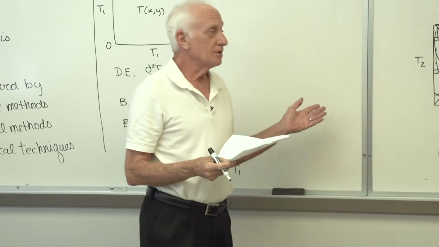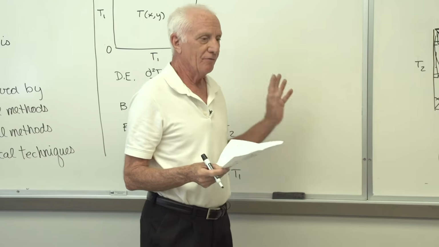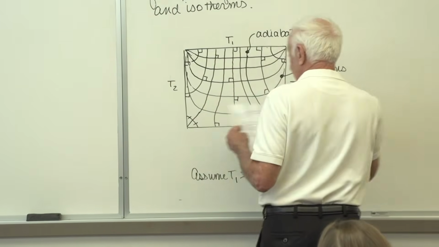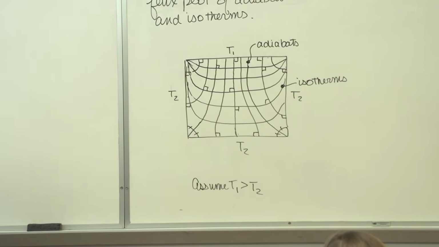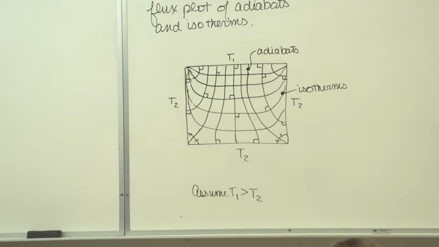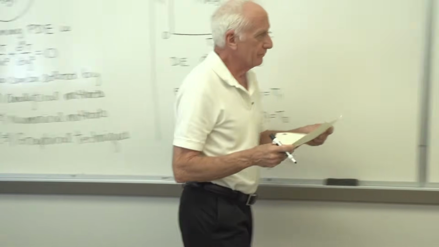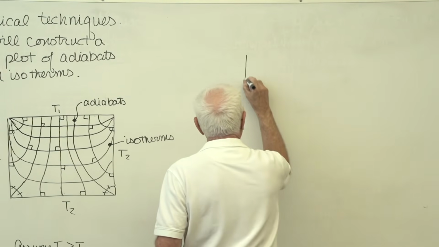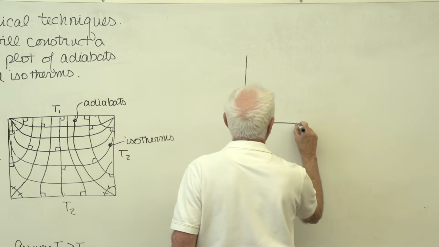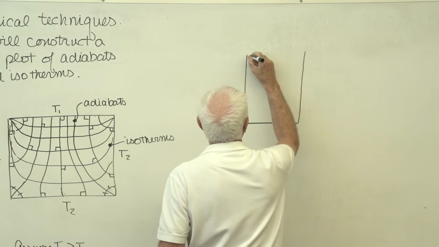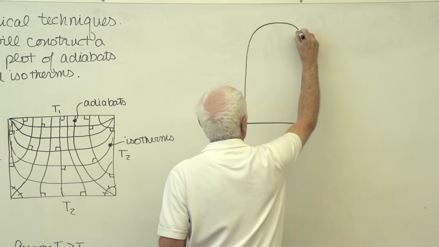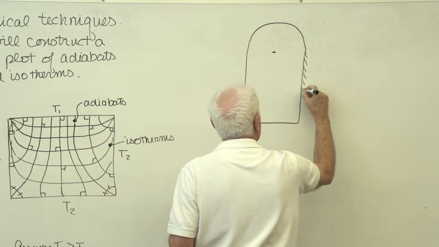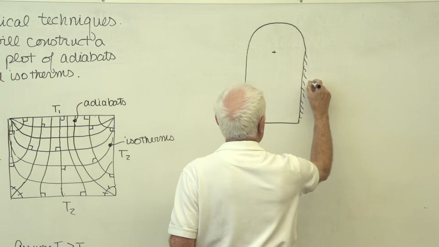Okay, that's the flux plot. That's what it's called, the flux plot. Now we'll take another one. Okay, this one. It's a rectangular portion, and then there's a semicircle. These sides here are adiabatic.